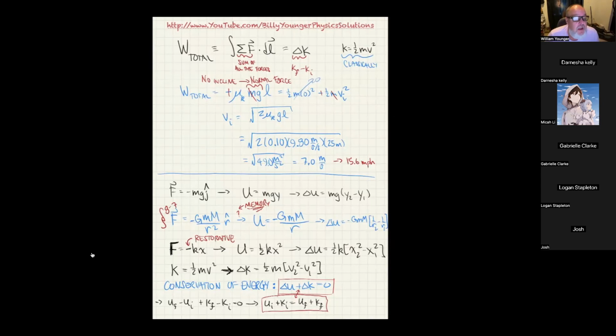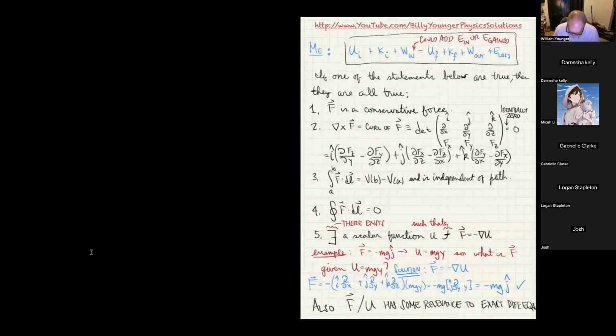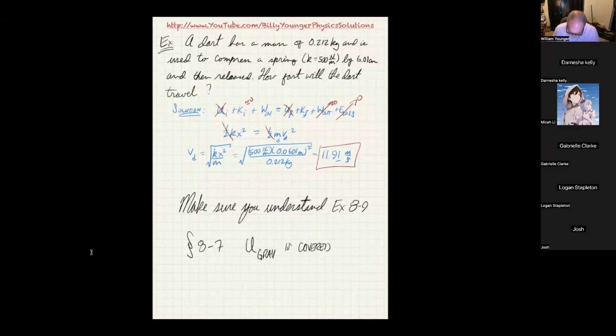And just for me to check, it turns out that yes, what they ultimately decided was U is equal to negative GM over R, where R is greater than the radius of the planet, and M is the mass of the planet. So yeah, I was right in my memory, which is not always the case.